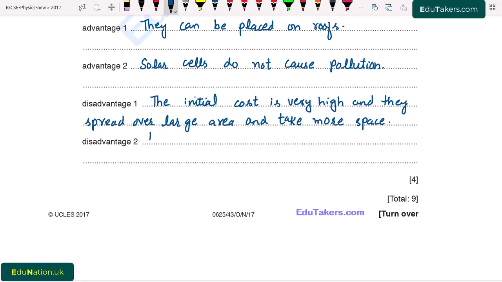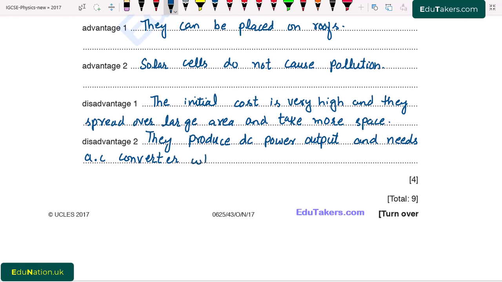So I write here they produce DC power output and need AC converter, that is alternating current, which is expensive.